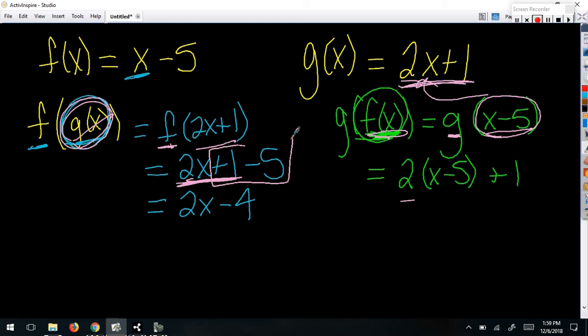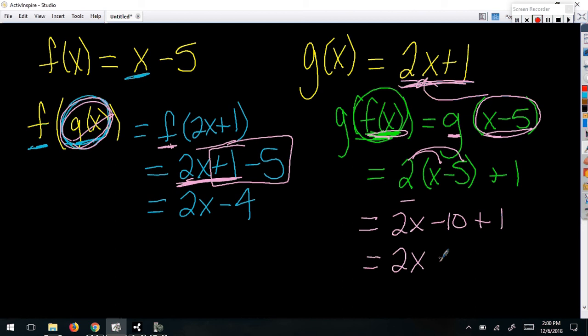Yeah. 1 and negative 5. Combine like terms. Here, I need to distribute. Yes. Combine your like terms. The point is that it doesn't matter what's in parentheses. Whatever is in parentheses is completely replacing the x in the equation.